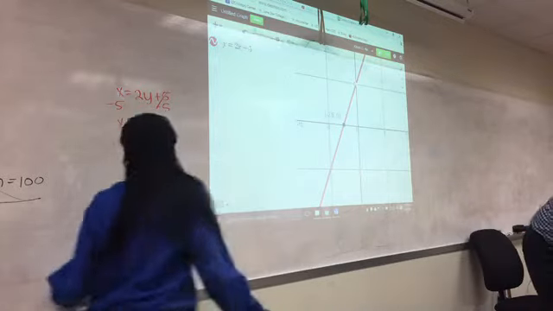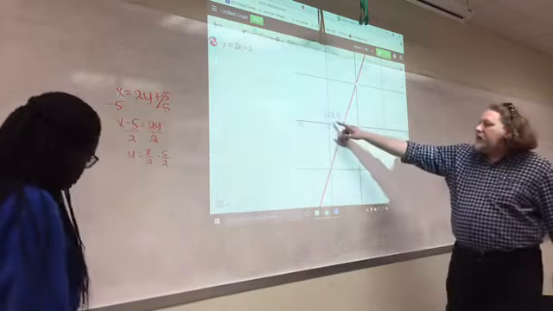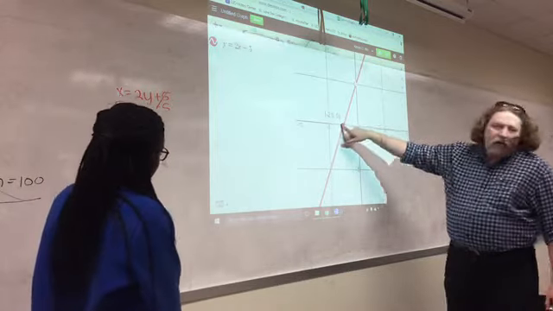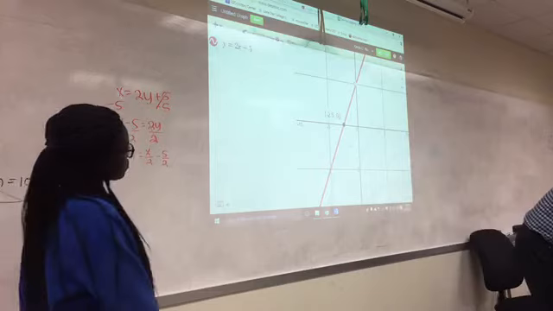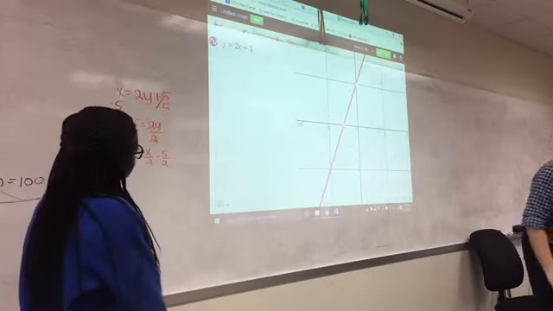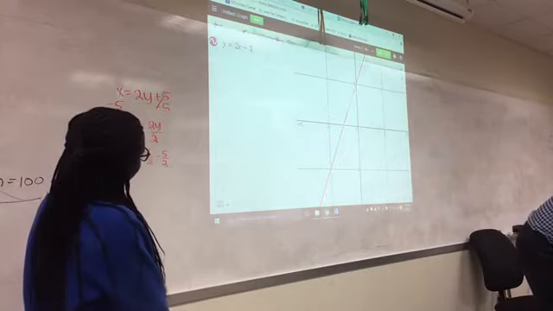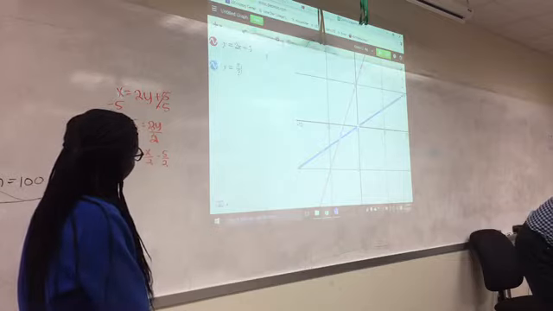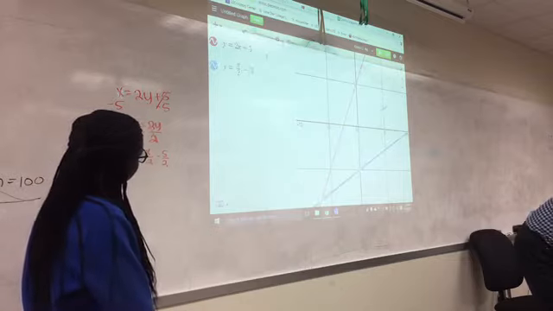Now I notice the original graph has the point (-2.5, 0). So when we do her inverse, we should see the reverse point. She says y equals x over 2 minus 5 over 2.